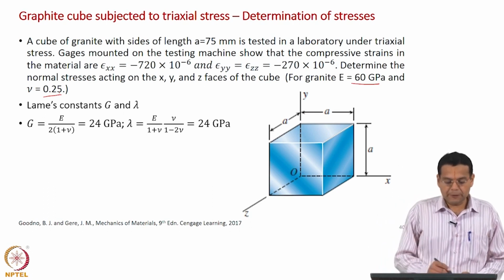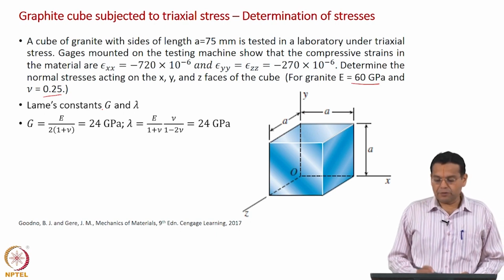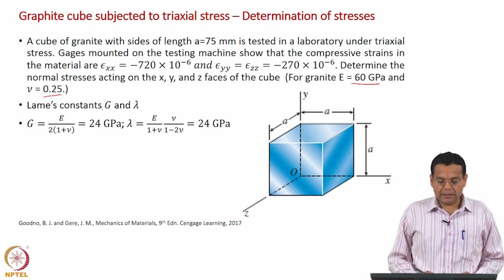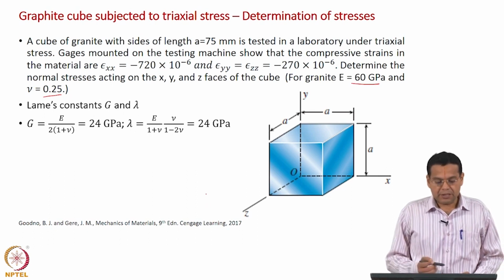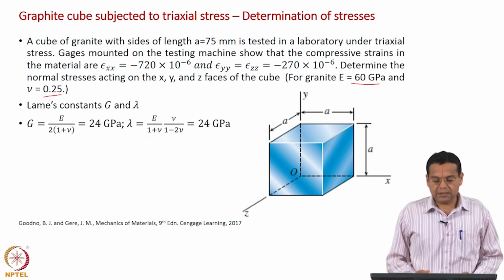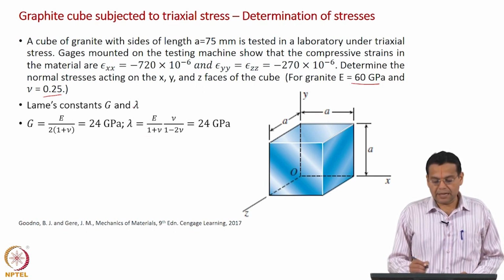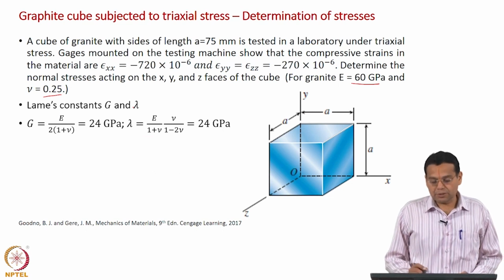If you substitute, you will get 24, and of course the unit is the same as E, gigapascal. Lambda, if you substitute in the expression for lambda, E is known, nu is known, you will get 24. The unit is once again the same as E, gigapascal. So, G is 24 gigapascal, lambda is also 24 gigapascal.